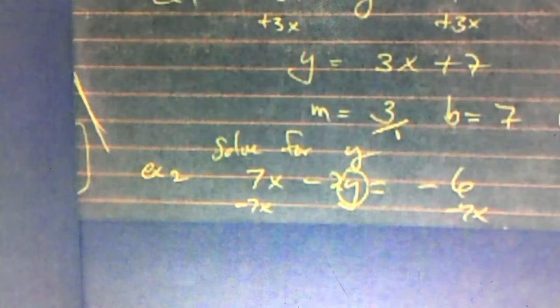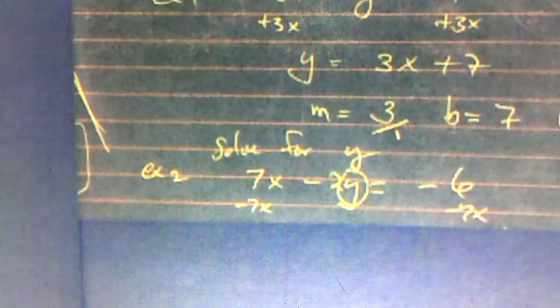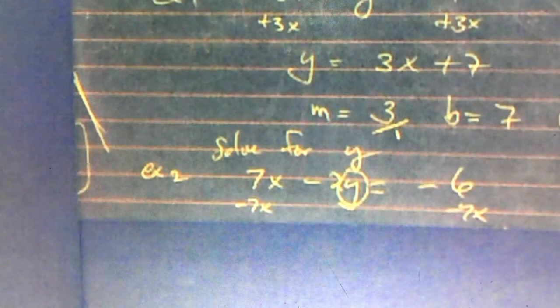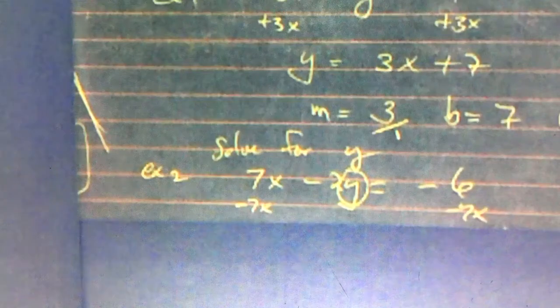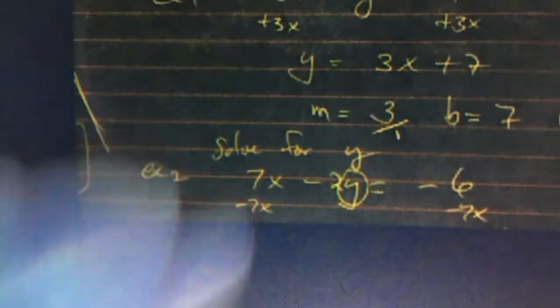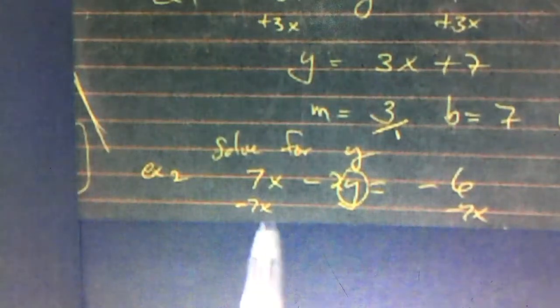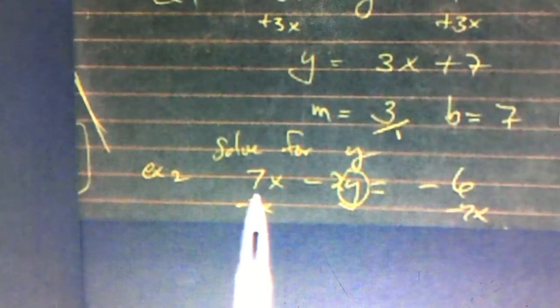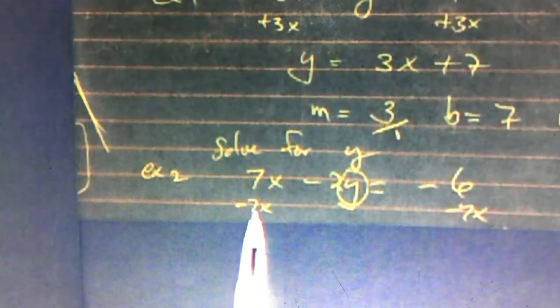And in order for the star of the show to shine, it has to be alone. Well, what do we do? We add 7x on both sides. Remember, the golden rule of equation solving is whatever you do on the left-hand side, you've got to do on your right-hand side. You can't do it on one side and not the other. So in this case, we add 7x in order to make this 0. In order to cancel it out, we add 7x on both sides.